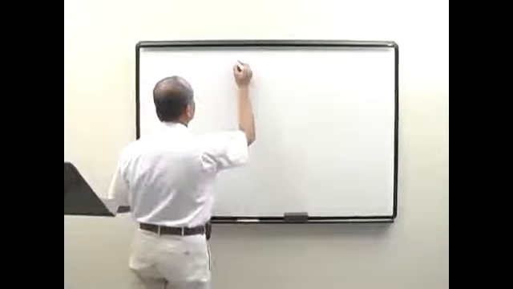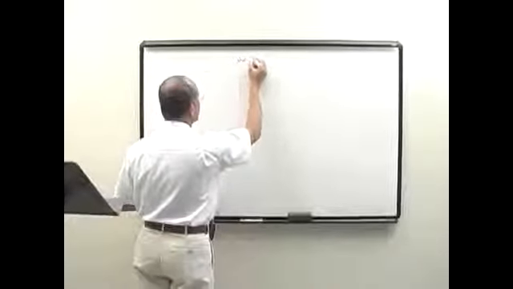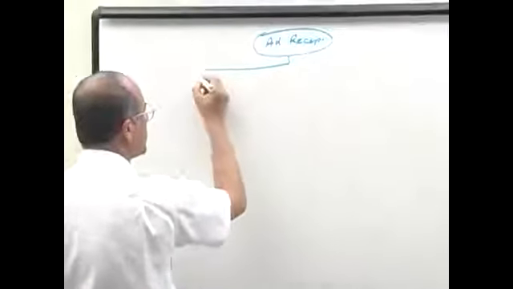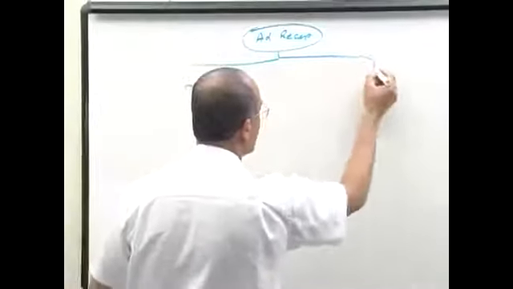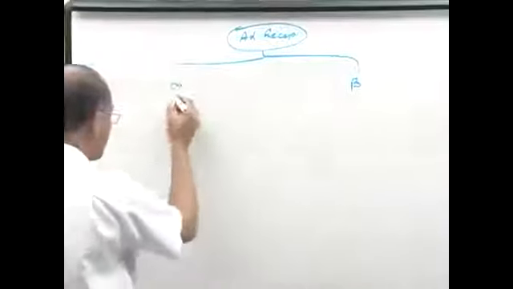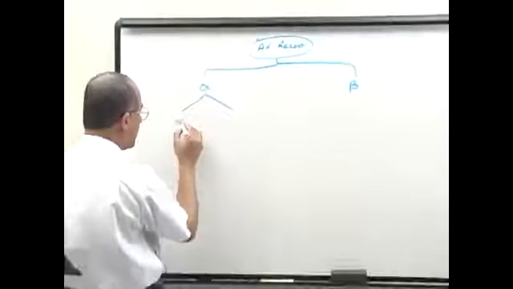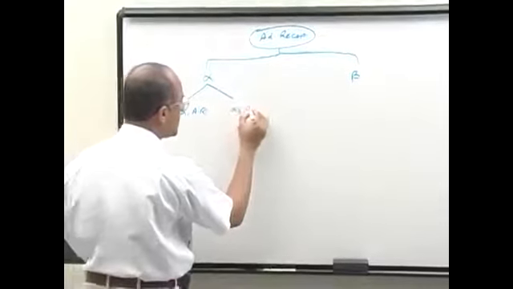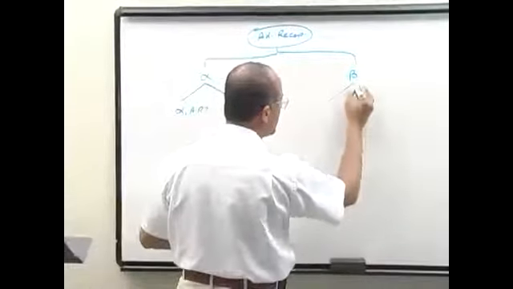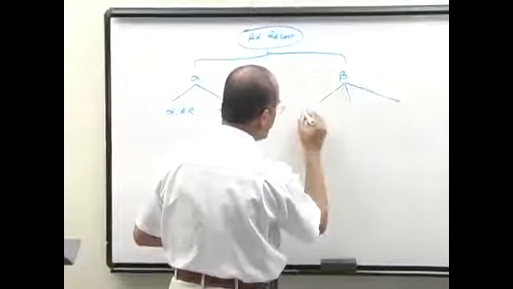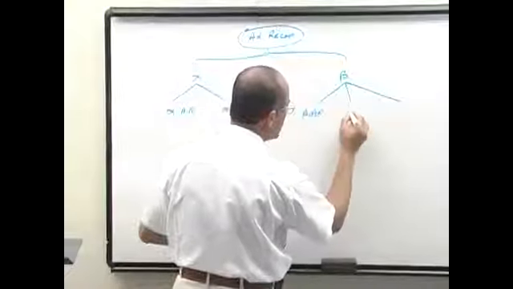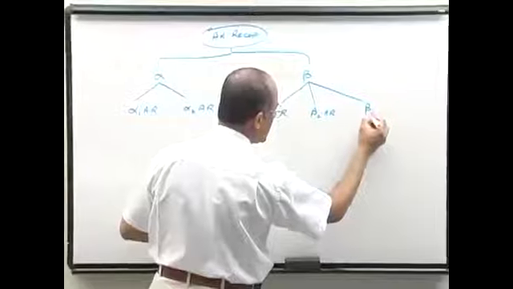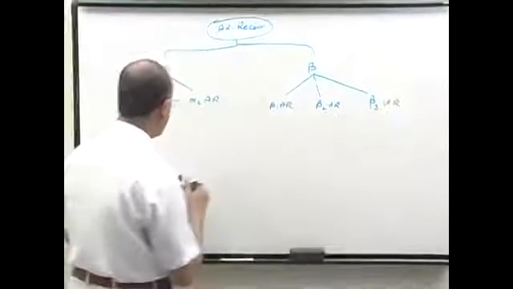Let me put here adrenergic receptors. Already you know adrenergic receptors are divided into alpha and beta. Alpha are divided into alpha 1 adrenergic receptors and alpha 2 adrenergic receptors. Beta are divided into beta 1 adrenergic receptors, beta 2 adrenergic receptors and beta 3 adrenergic receptors.